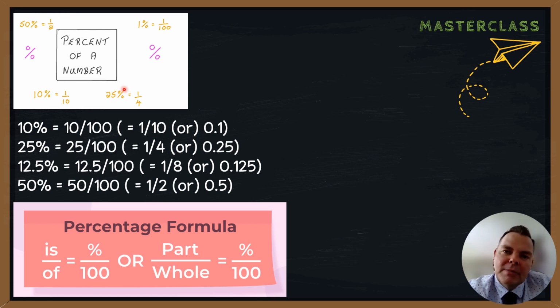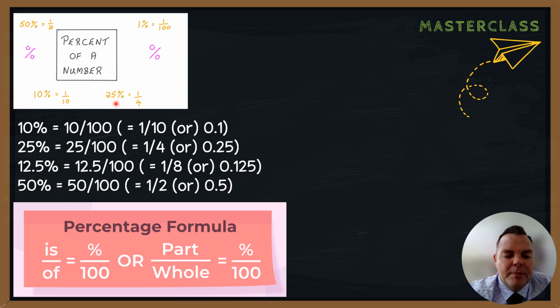It does get a little bit trickier though when you have things like 25%. Now, 25% is the same as saying a quarter of something. So we need to get really good at converting percentages to decimals and to fractions. So 25% is the same as saying 1/4, or the same as saying 0.25.